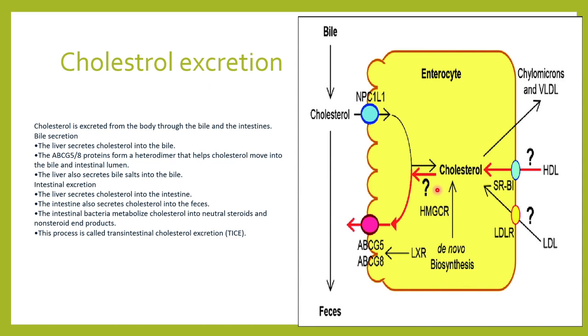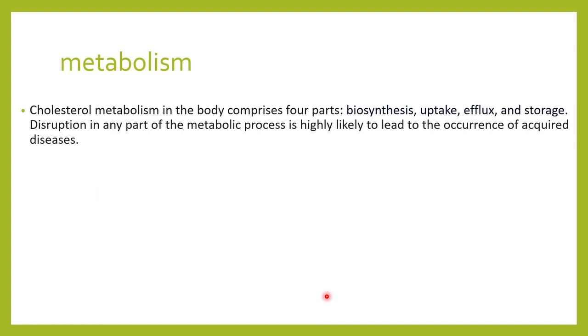The intestine also secretes cholesterol into the feces, and the intestinal bacteria will metabolize this cholesterol into neutral steroids, which is excreted in what is known as transintestinal cholesterol excretion. So this excretion of cholesterol happens via the bile, and the intestine also plays an important role in excreting the excess cholesterol via the feces or stools.